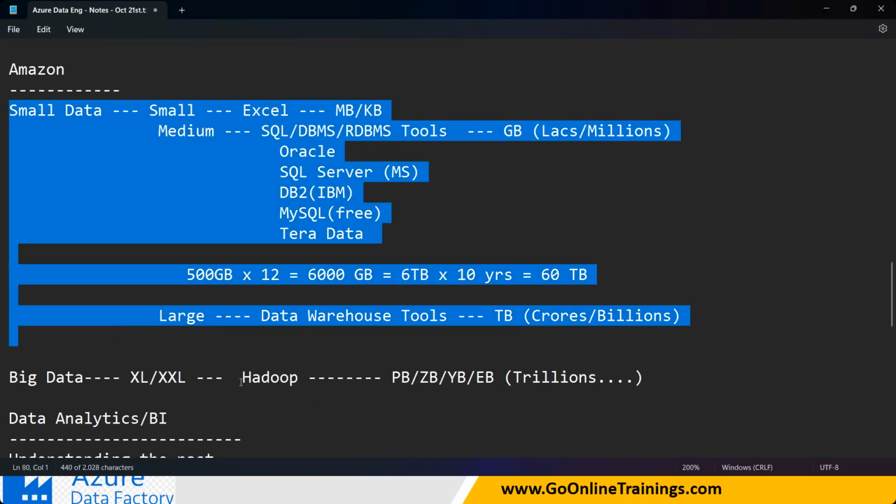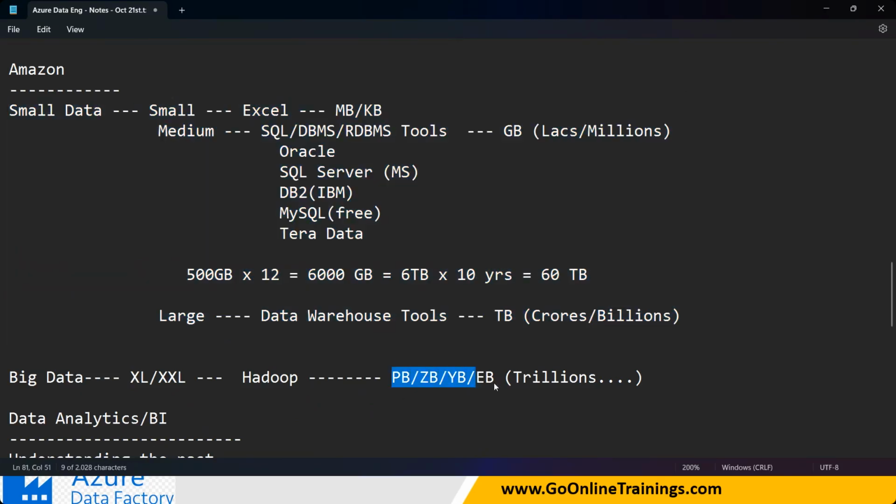When we have petabytes, zettabytes of data, it is called Excel data or a large amount of data. This is what is called big data. Clear? If you want to store big data today, there is a software called Hadoop that we're going to use, and this software was released in the year 2005 and 2006.